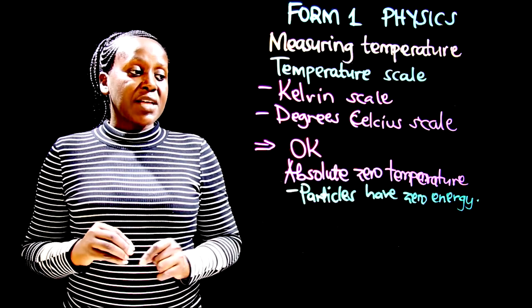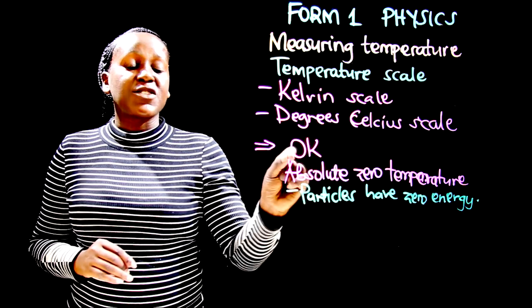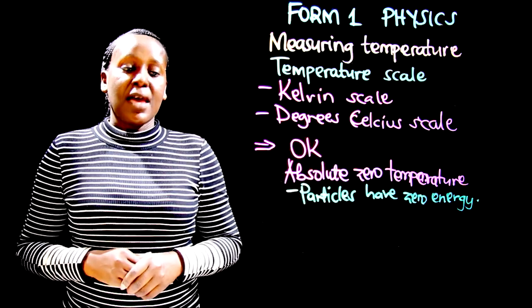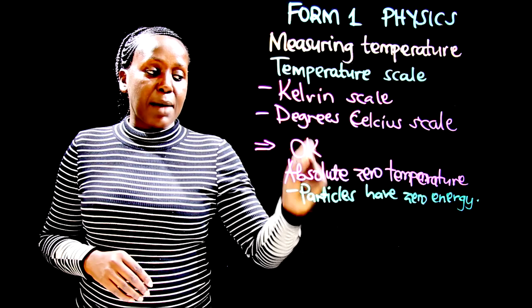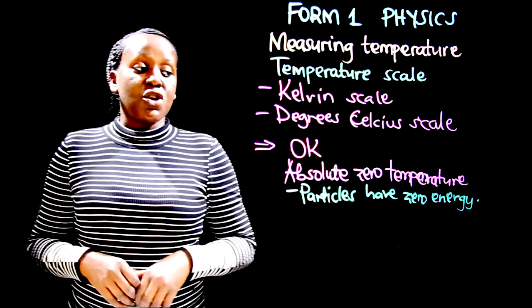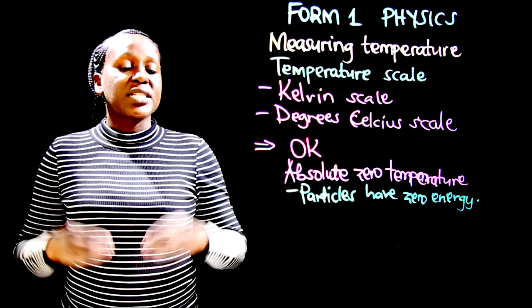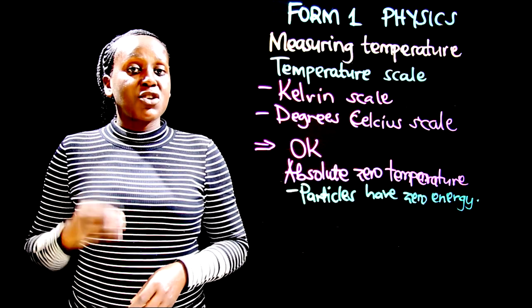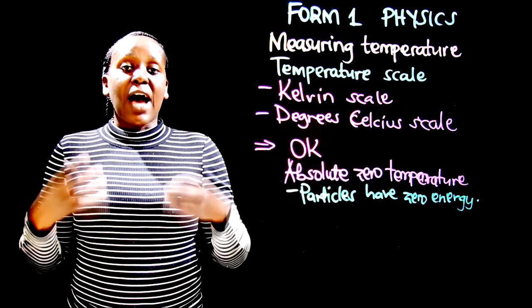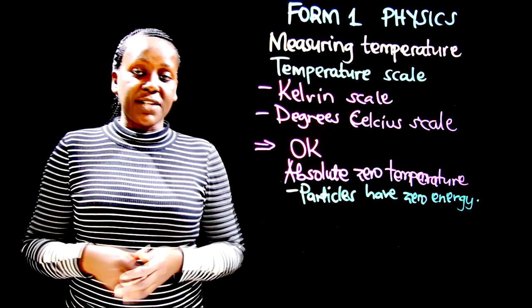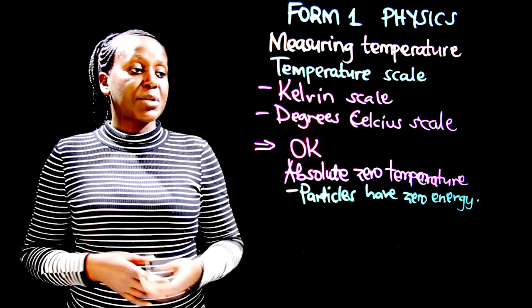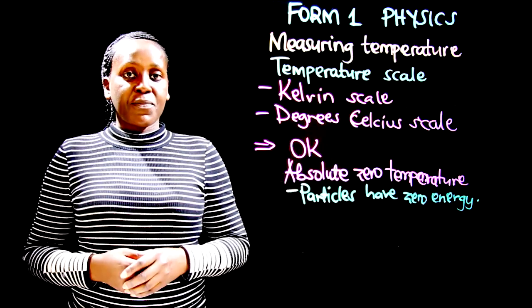And when that happens, it happens at 0 Kelvin, which we call the absolute zero temperature. So absolute zero temperature is the temperature where the particles of any material have 0 energy, and the value of that temperature is 0 Kelvin.